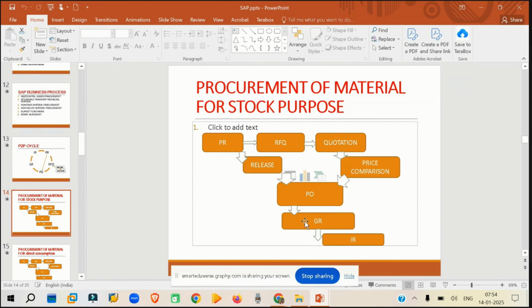And at the time of GR and at the time of IR, there will be certain accounting entries. So at the time of GR, what is the accounting entry, at the time of IR, what is the accounting entry. Whenever you explain the process flow, explain it with the accounting entries, so that the interviewer will not ask you any further question, like what are the accounting entries, or what will be the accounting entry at GR and IR.